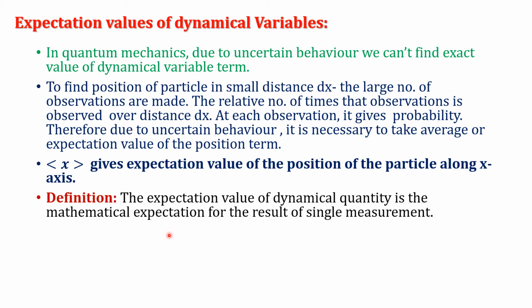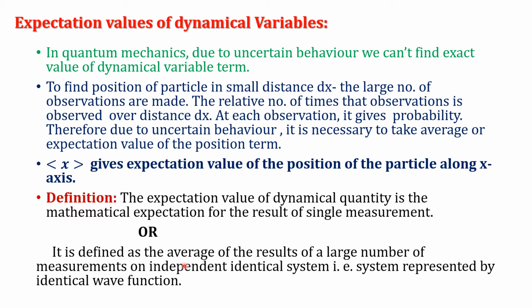We can define it another way. It is also defined as the average of the results of a large number of measurements on independent identical systems. That means the system is represented by the identical wave function.